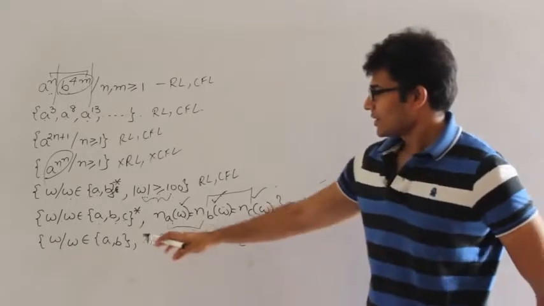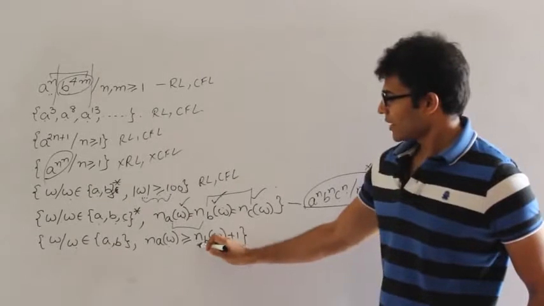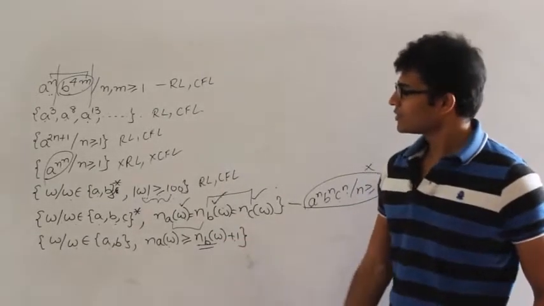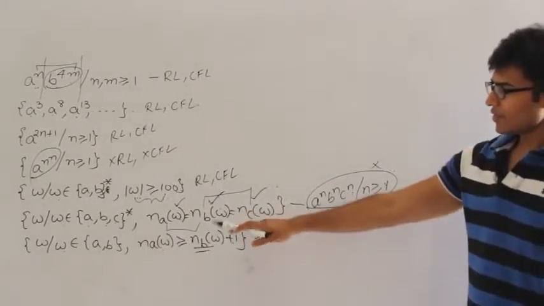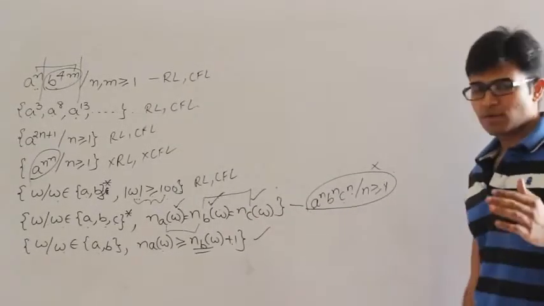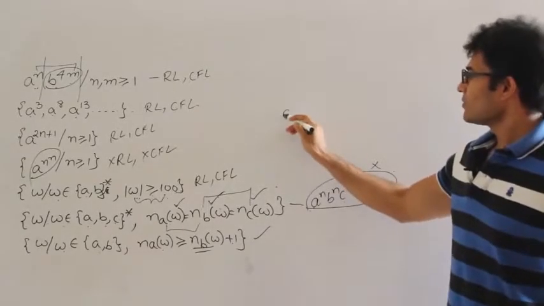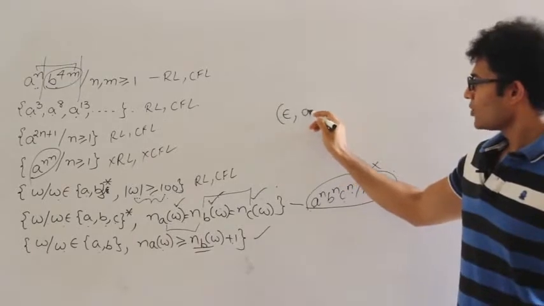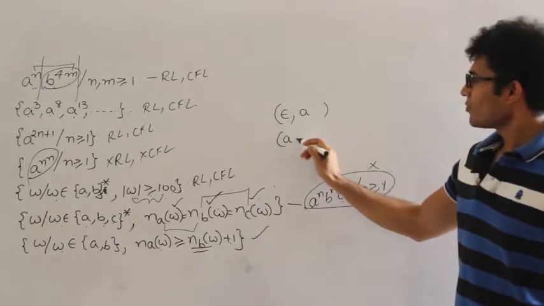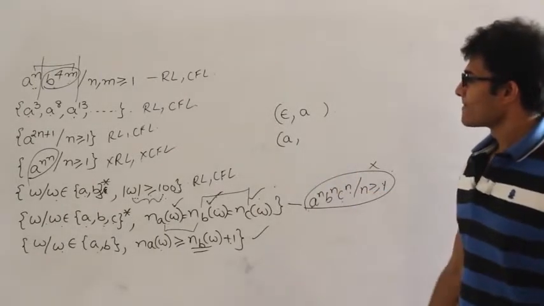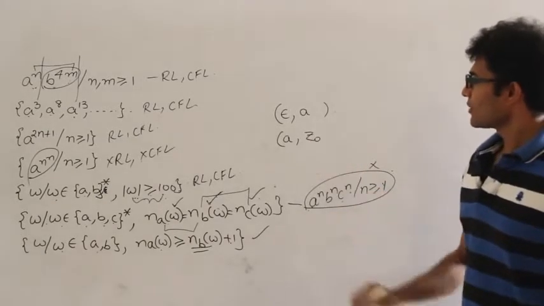And the next one is W such that W belongs to {a, b} star and number of A's in W has to be at least 1 greater than number of B's in W. This one can be done easily, right? Compare the number of A's and number of B's. At the end, number of A's have to be at least 1 extra, which means by the time the entire string gets over, A should be on the top of the stack, or by the time I have one more extra A, Z0 should be on top of the stack.